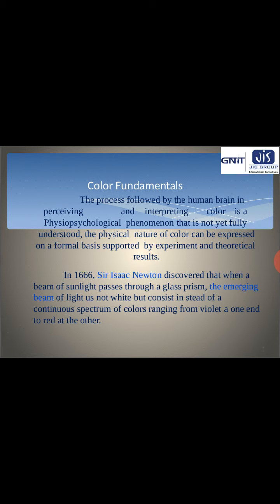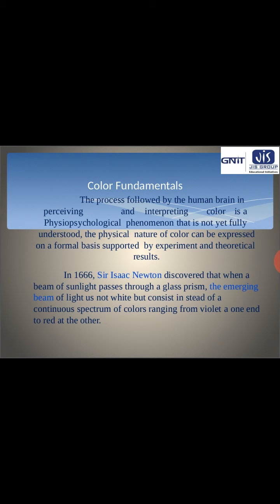So, color fundamentals: the process followed by the human brain in perceiving and interpreting color is a psychological phenomenon that is not yet fully understood. The physical nature of color can be expressed on a formal basis supported by experiment and theoretical results.